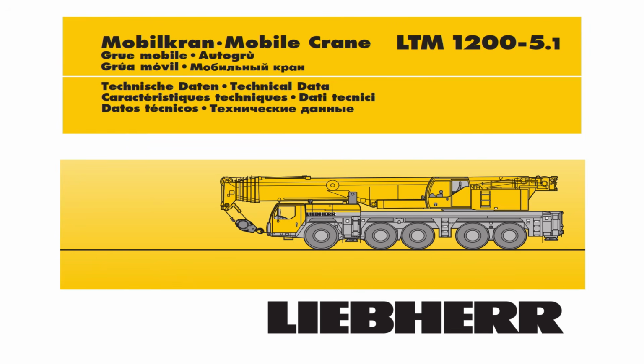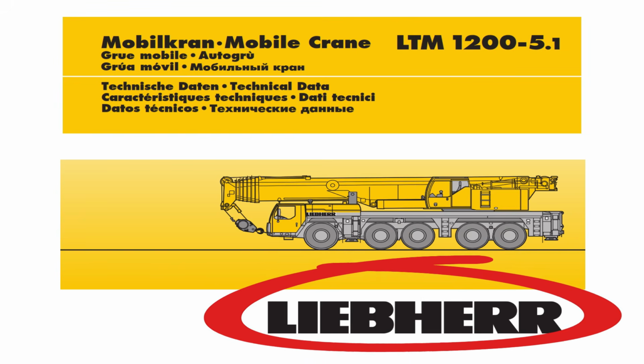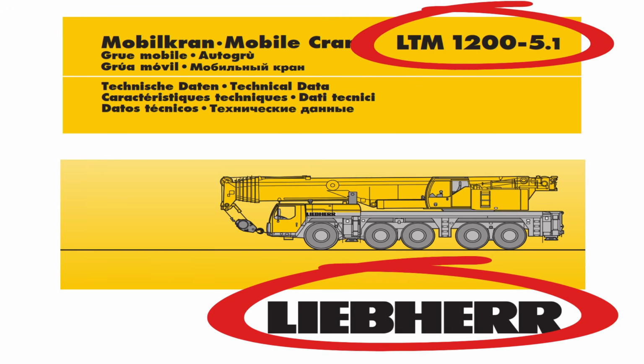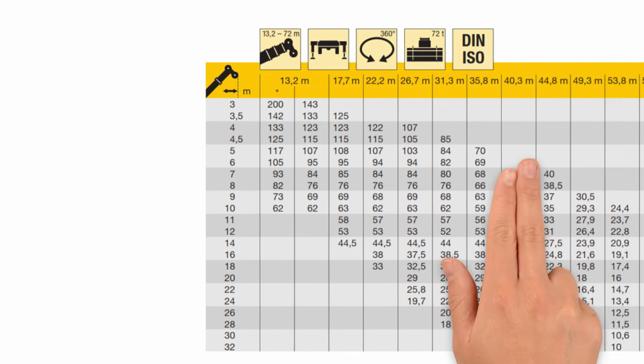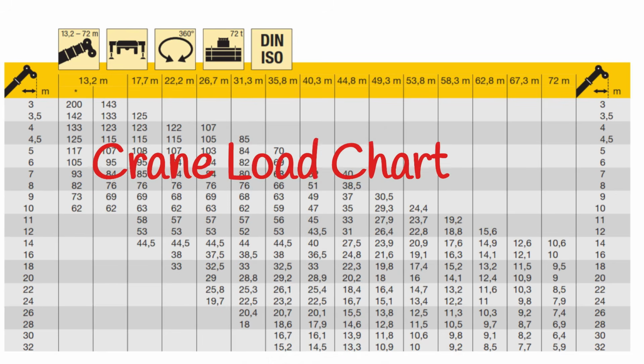Now let's also assume that the crane available on site is this 200-ton Liebherr mobile crane model LTM 1200-5.1. To determine whether this crane can safely perform the lift, we need to consult the crane load chart.